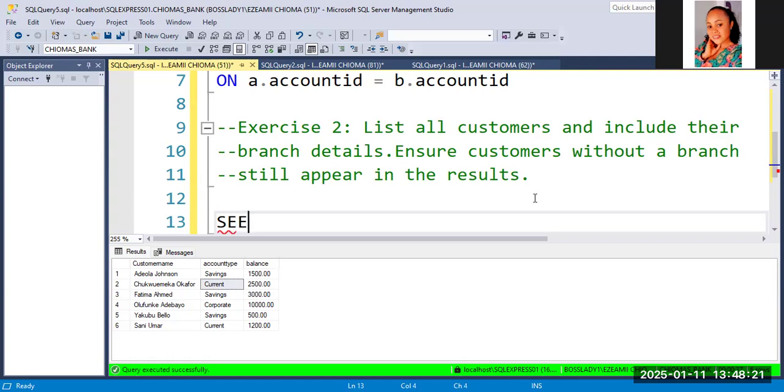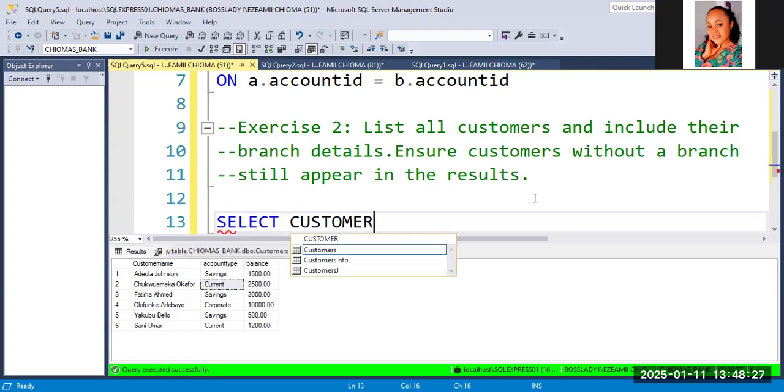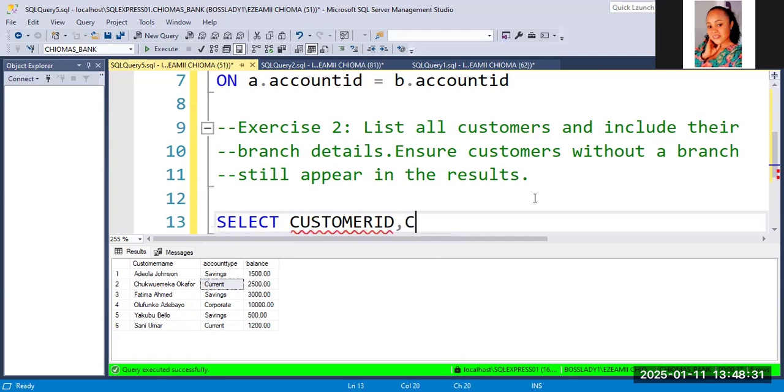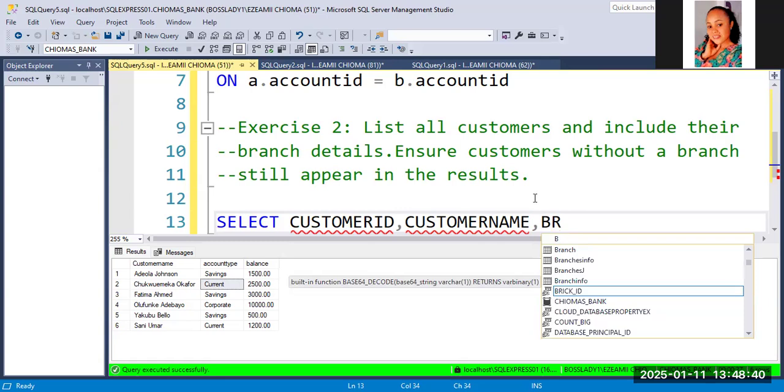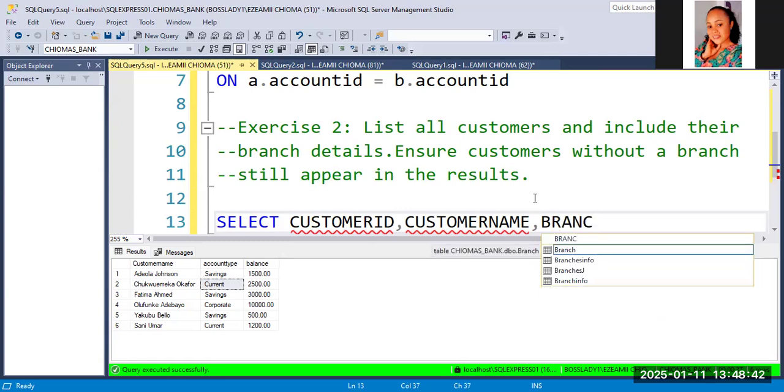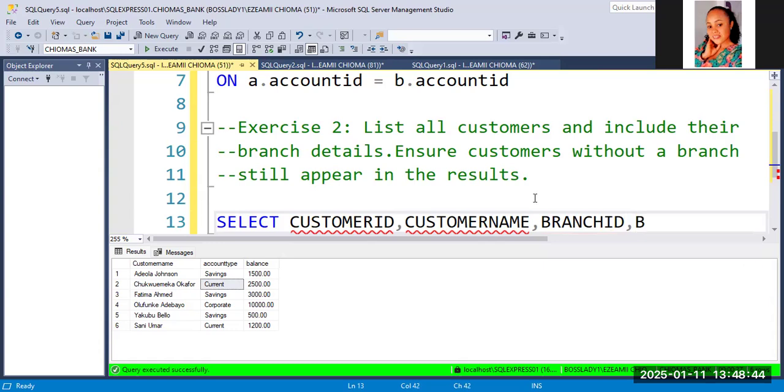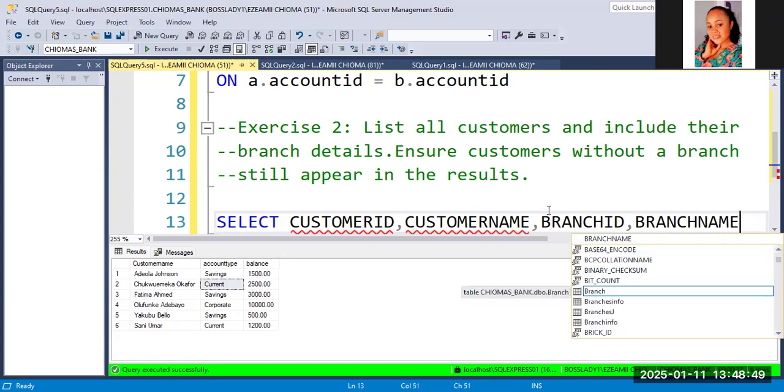Okay, so just customers and branch. Select, we can also use customer ID if you want. Customer ID. Then customer name. And then we want the branch details. So let's say branch ID, branch name. So these are the branch details that we'll be needing, okay?